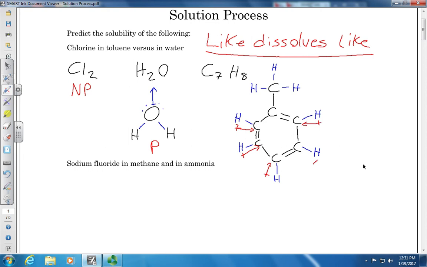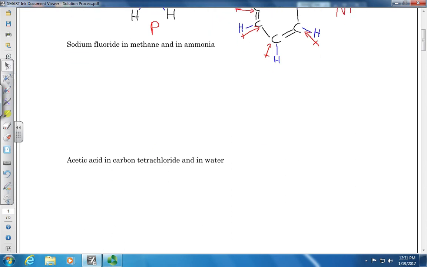So those cancel out, and you would be tempted to say that it all shifts up toward the substituent. However, the substituent also has all these little dipoles on it that cancel out, and the result is a nonpolar molecule. So we're going to put NP. So diatomic chlorine would dissolve in toluene. Let's take a look at another example.